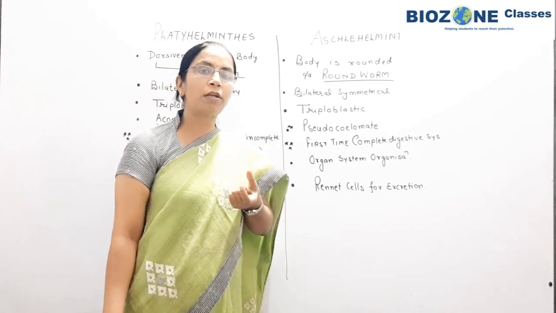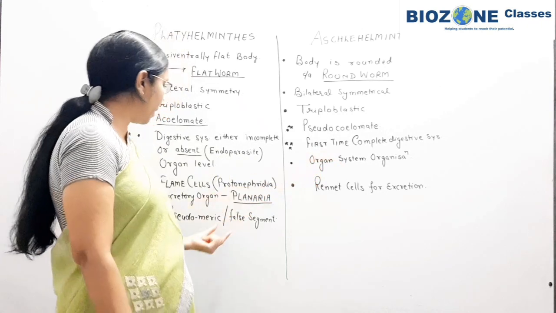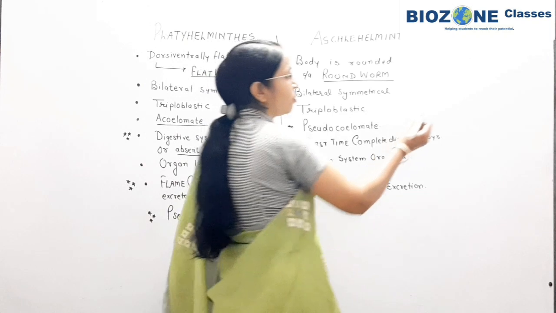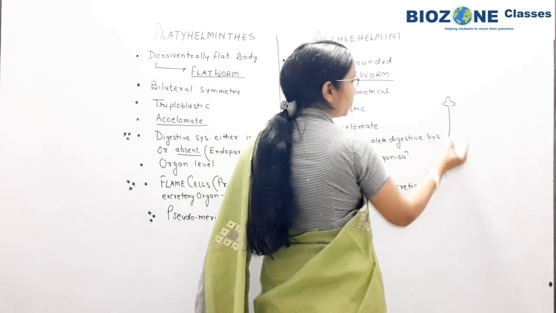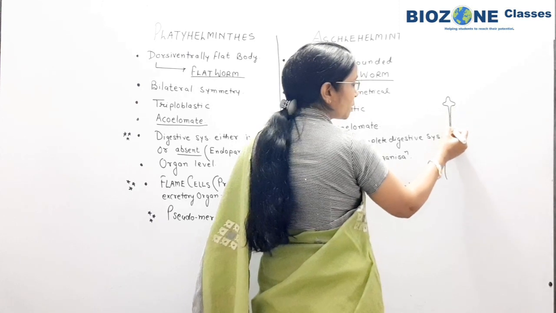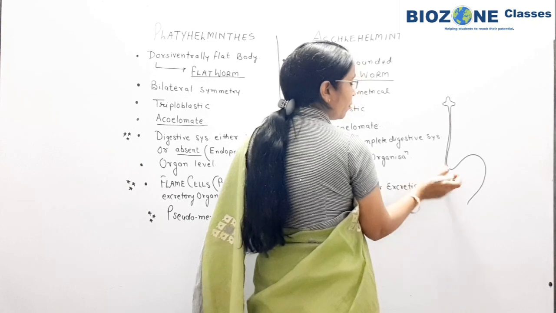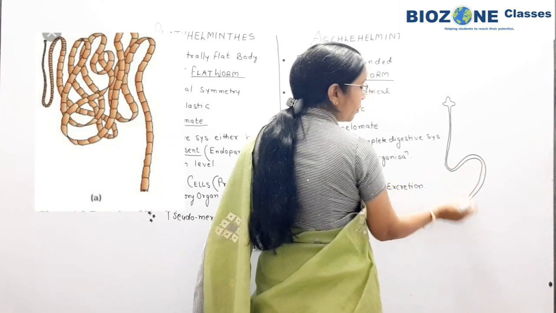So a diagram for tapeworm is provided, and in that diagram of tapeworm, you remember the segments appear. In tapeworm, a very narrow neck is present, and gradually it becomes a broad structure, you see in this way. Clear?